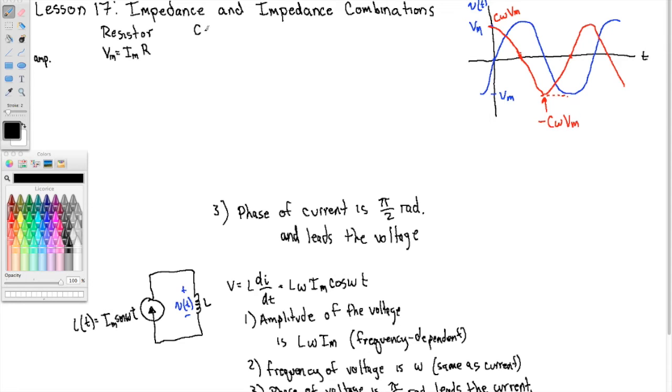And in a capacitor, the amplitudes are related by Vm equals Im divided by omega C. In an inductor, the amplitudes are related by Vm equals Im times omega L.